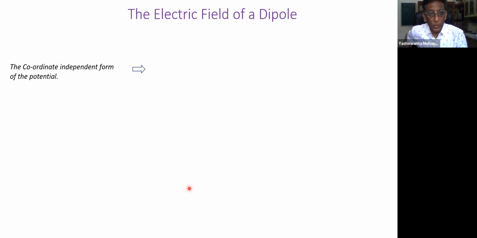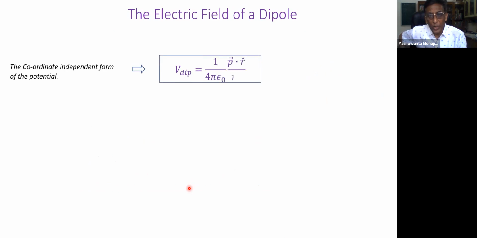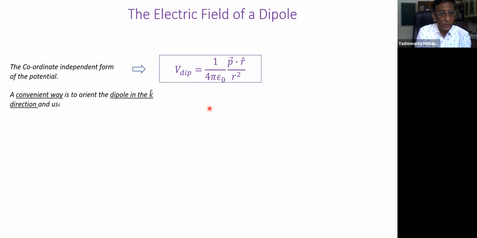After all, that is what we are after. So there is a coordinate independent form of the potential that we wrote down last time itself. That is 1 by 4 pi epsilon naught, p dot r by r cube. So this does not depend on which coordinate system I'm using. The dipole potential goes as 1 by r square. Now there is a convenient way to orient the dipole always.